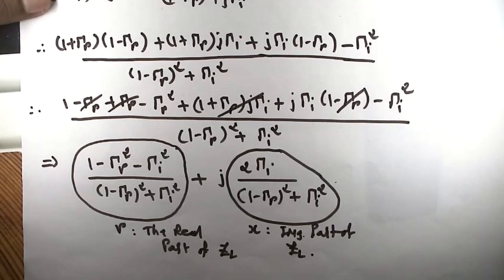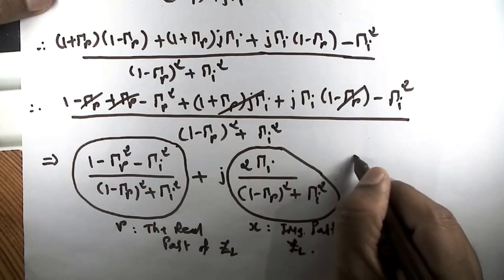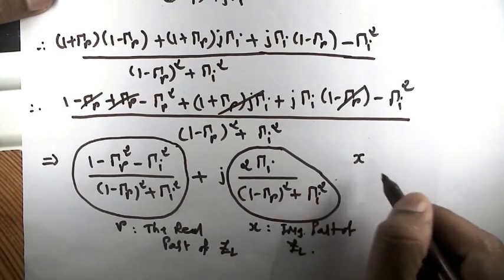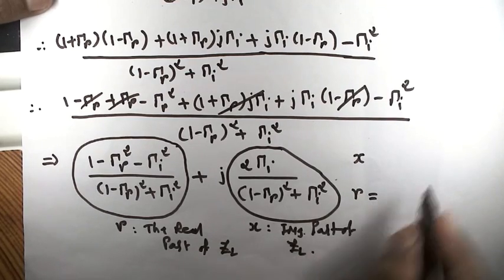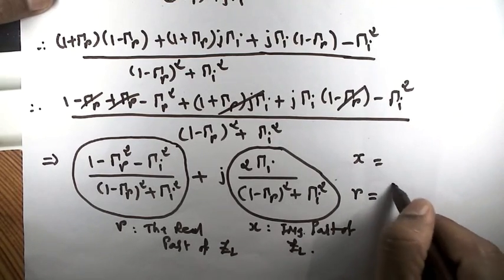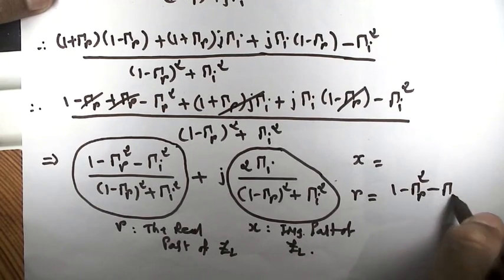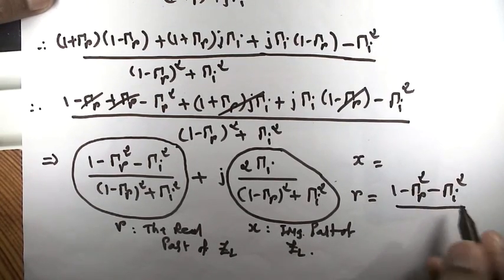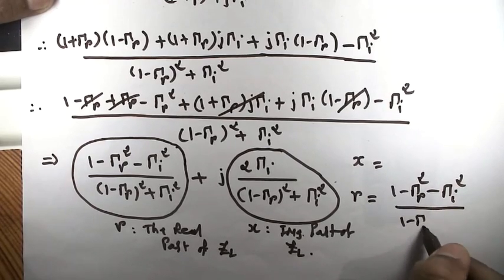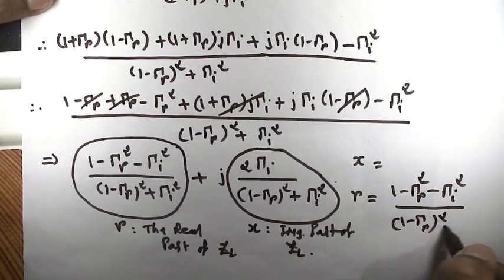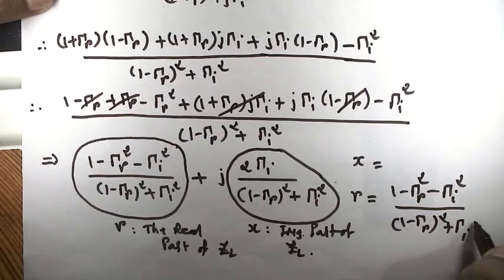So I can write x equal to and r equal to, r is nothing but 1 minus sigma r square minus sigma I square divided by 1 minus sigma r whole square plus sigma I square.